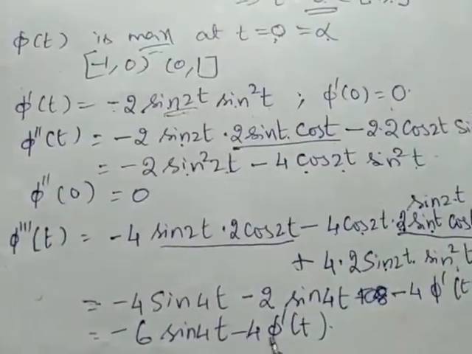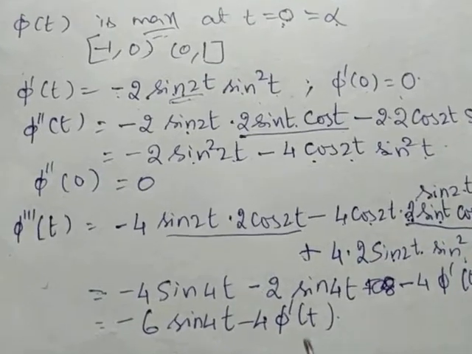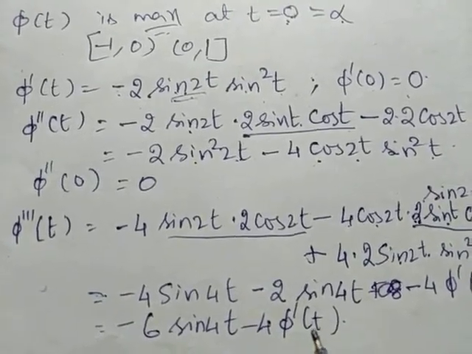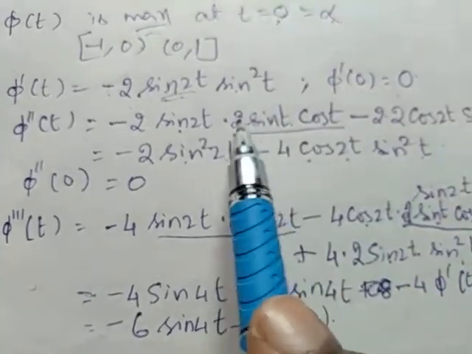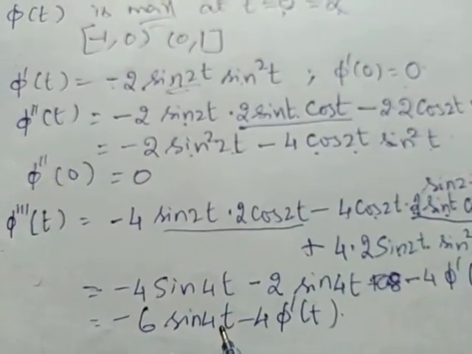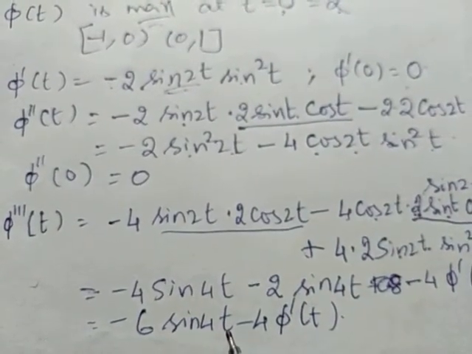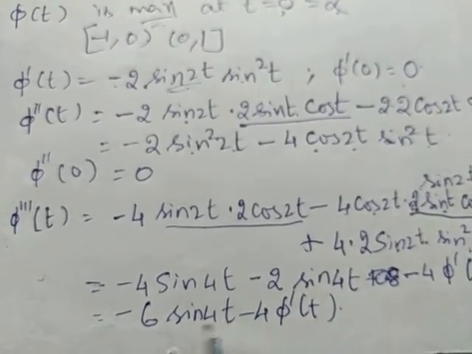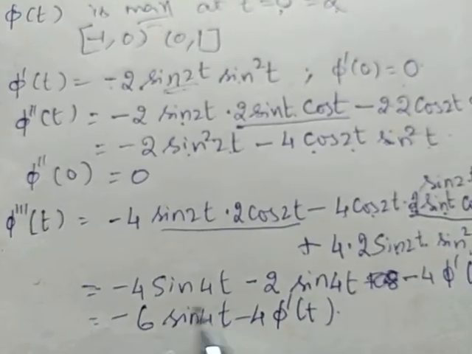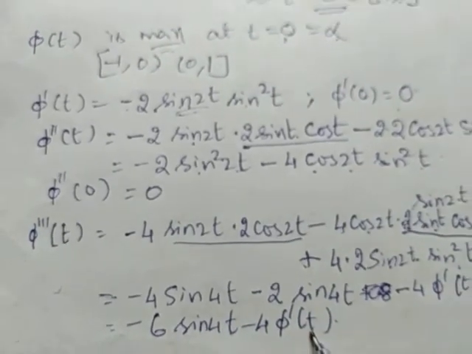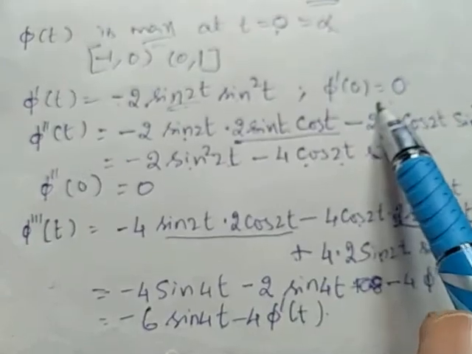So after this we can easily differentiate the terms. For simplicity I just substituted the sin 2t formula till here. Now if I substitute t is equal to 0, sin 0 is 0, phi dash of 0 is 0. So therefore phi triple dash of 0 is also 0.